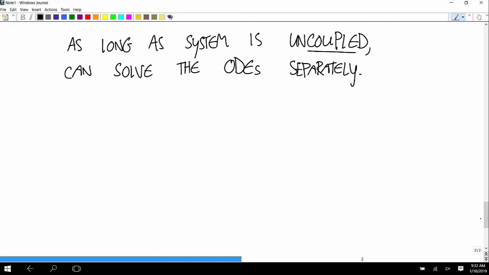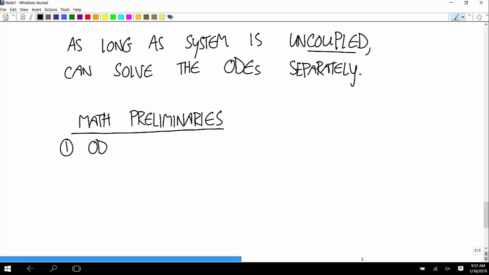Okay, so now here's where we are in the math preliminaries. That's all I want to say about separation of variables. Okay, so first was ODEs using separation of variables, and we're done with that one.